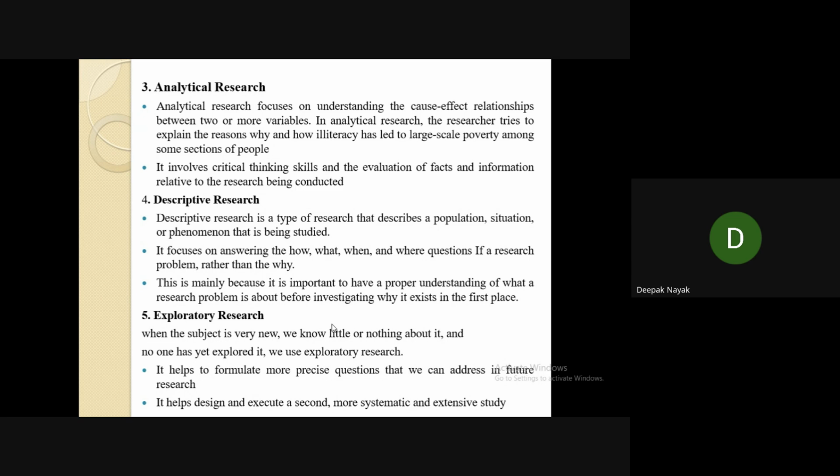So in analytical research, what happens? It involves critical skills and evaluation of facts and information. It is a very critical kind of research. It involves a lot of critical thinking about the different factors associated with a particular research. It tries to understand the cause and effect relationship between different factors or variables.